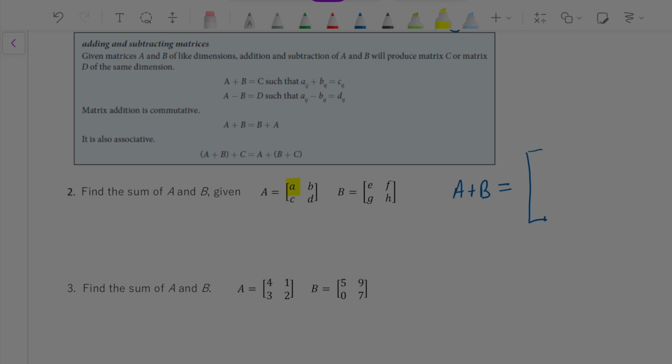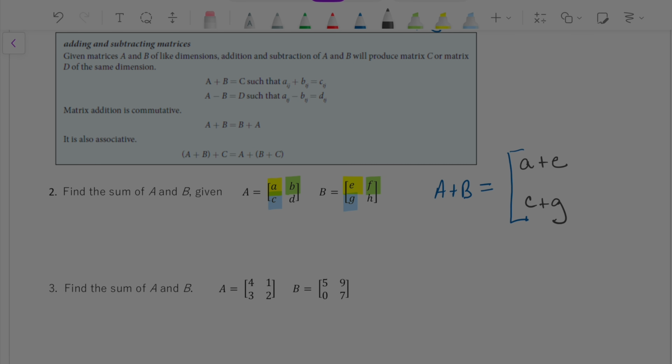So row 1, column 1, row 1, column 1. In the matrix, we will have A plus E in that spot. Row 2, column 1, row 2, column 1. Row 1, column 2, row 1, column 2. And lastly, the same.